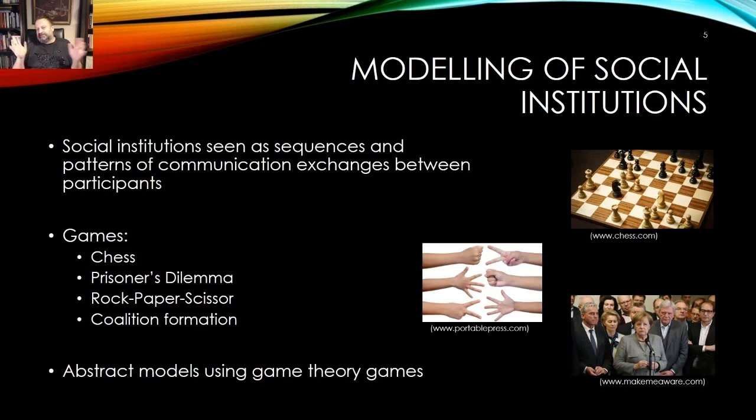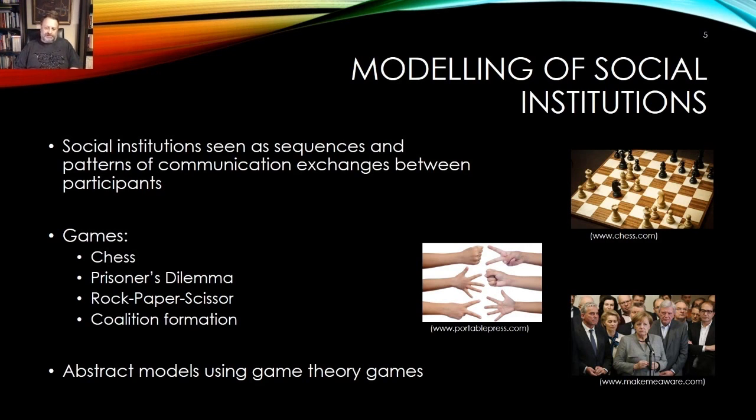Now, modeling social institutions has been around for a long time. If you look at various games, they quite often represent social situations. Consider, for example, chess, which is a kind of abstract way of waging war between two armies. Or consider other simple games like rock, paper, scissors game, where you have three different actions.